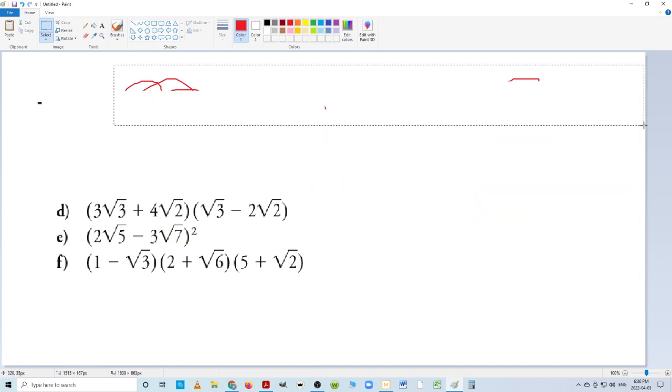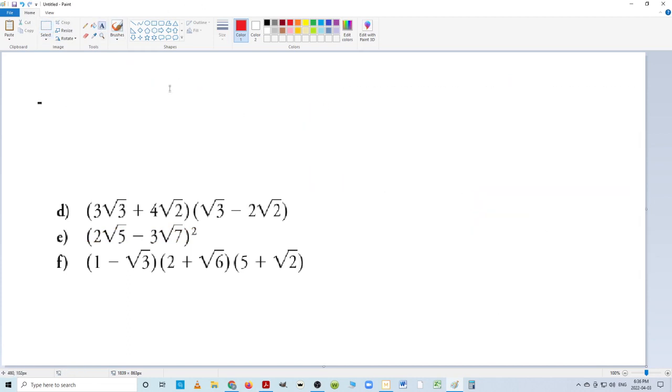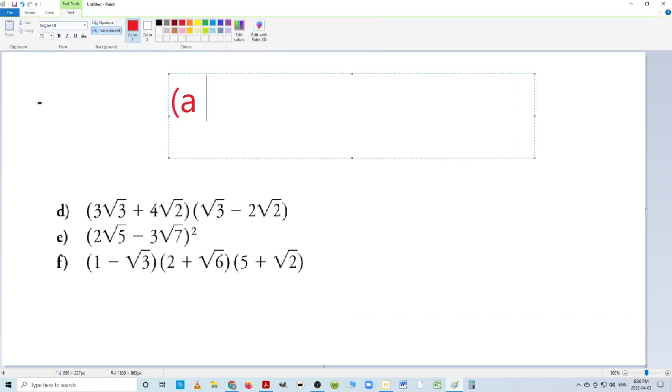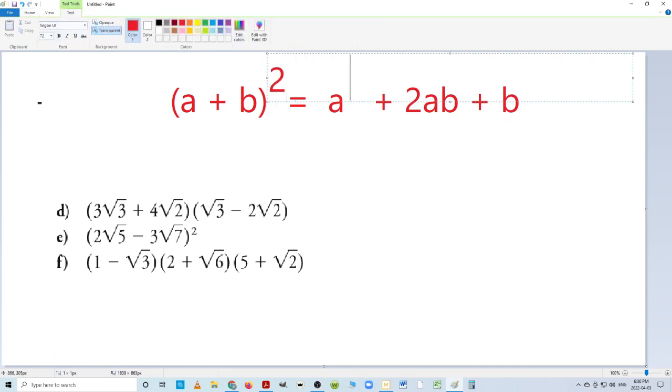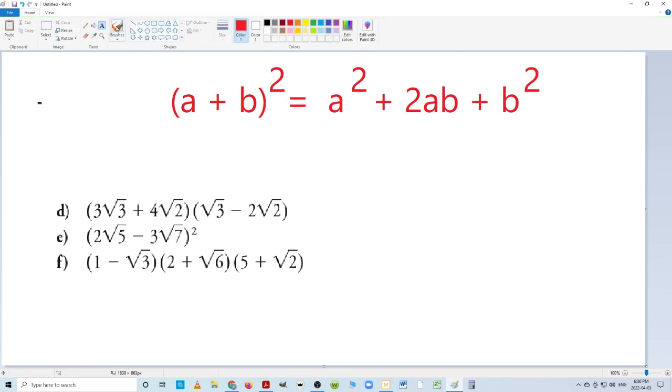To rehash that, a binomial expansion means any two terms squared is going to be equal to a squared plus 2ab plus b squared. So (a+b) squared will always equal this. And you should learn that because it'll make expanding these things easier.